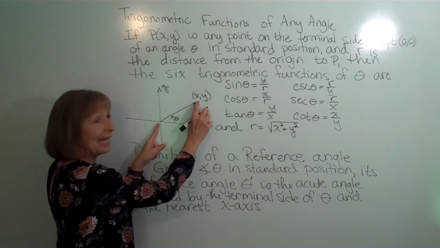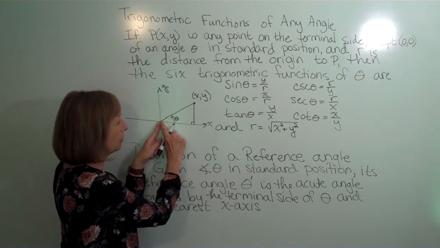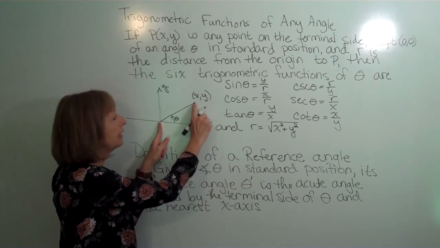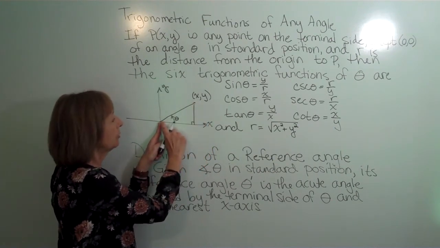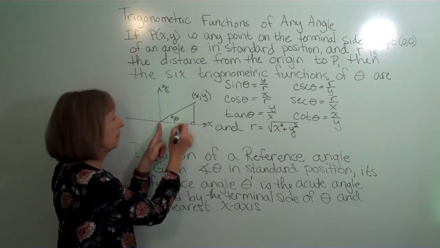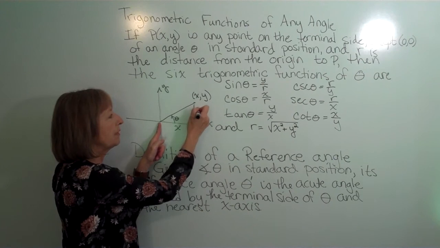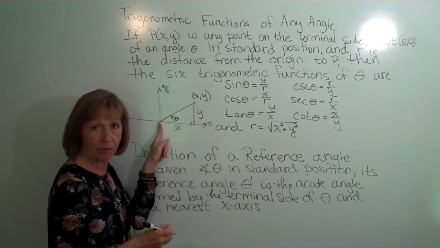Then remember, to get to a point, I start at the origin and I go horizontally along for the x-coordinate and vertically for the y-coordinate. So this horizontal run would be the x value of the point, and this vertical run would be the y-coordinate of the point.